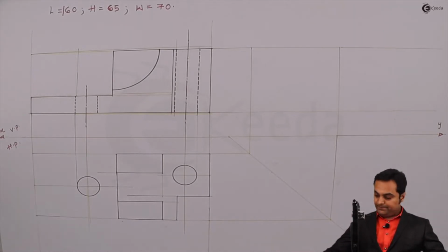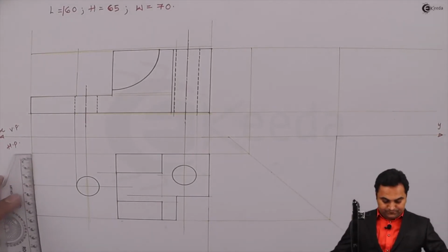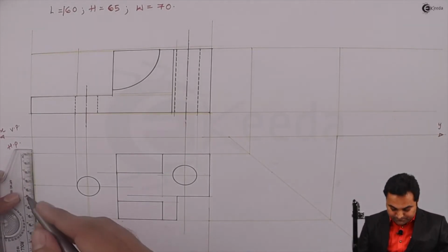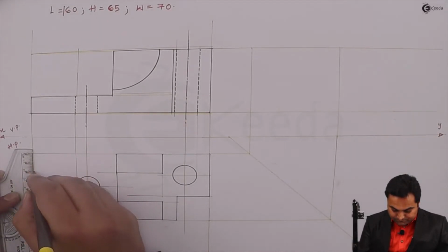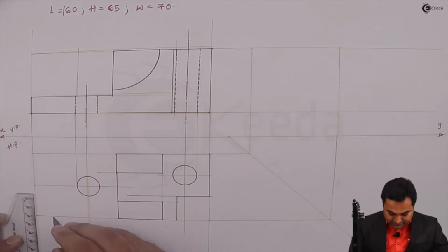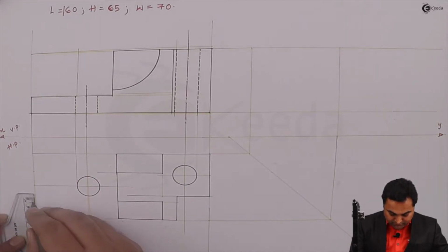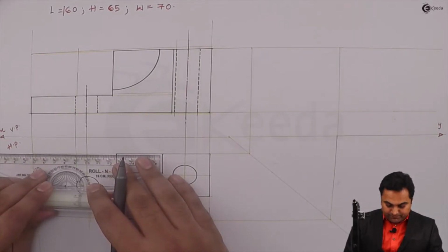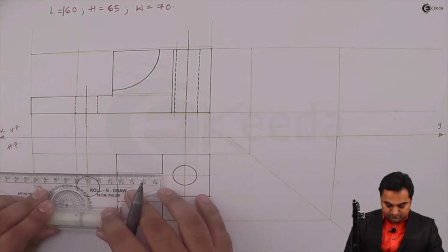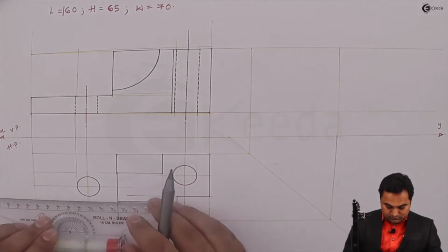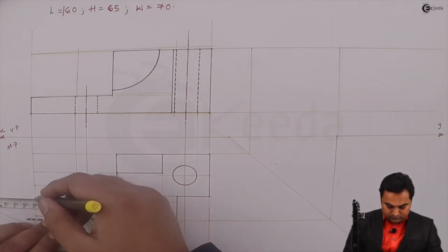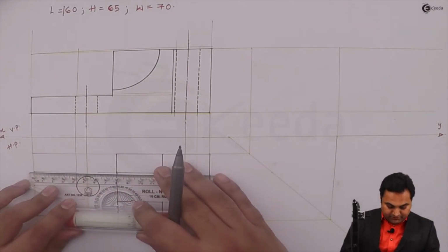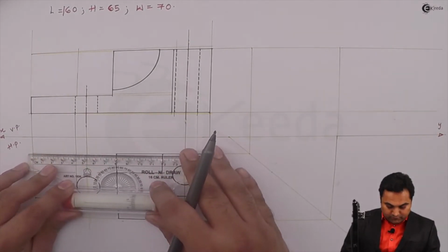So for that I'll measure 20 mm along the width on both sides because both the corners are curved, drawing horizontal lines through them. Next, measuring 20 mm along the length as well.